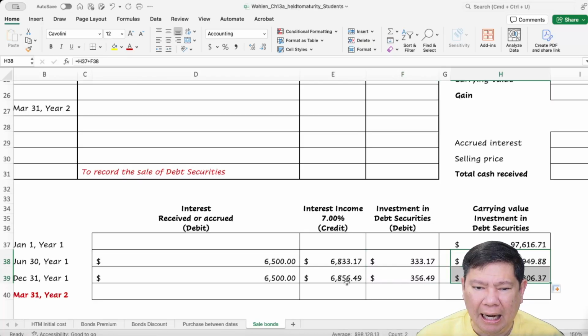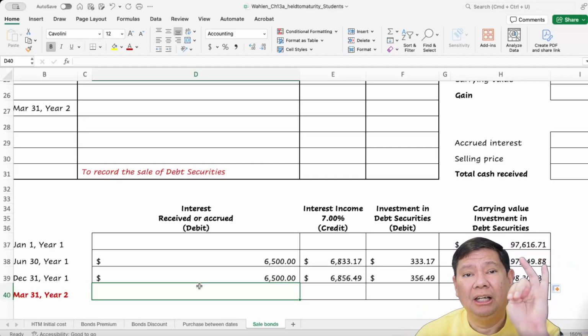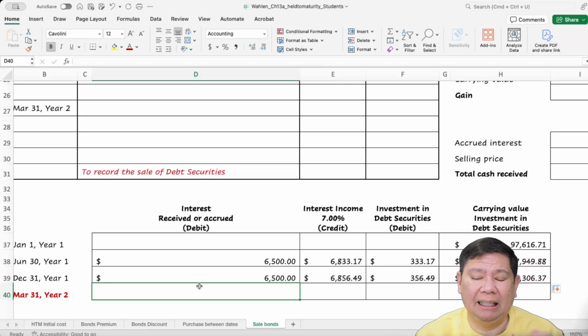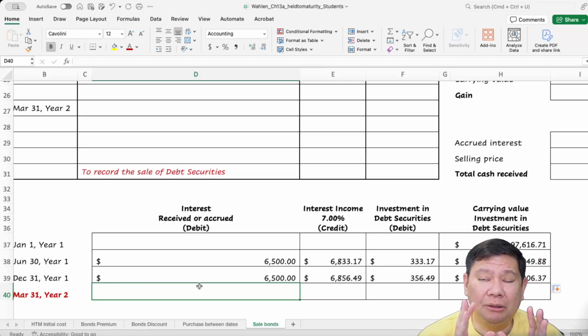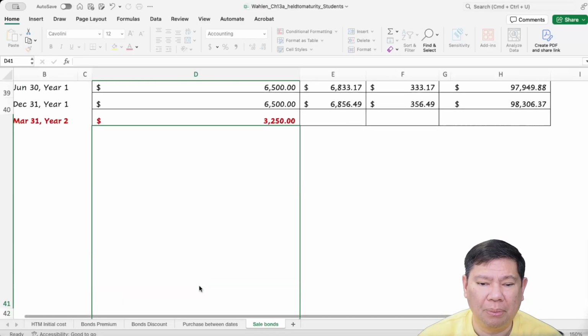Okay, and then we're going to sell it on March 31st. So that's January, February, and March, 3 months after the last interest payment. So we're going to calculate the carrying value 3 months later. So 6,500, that's for 6 months, we have to divide by 2.